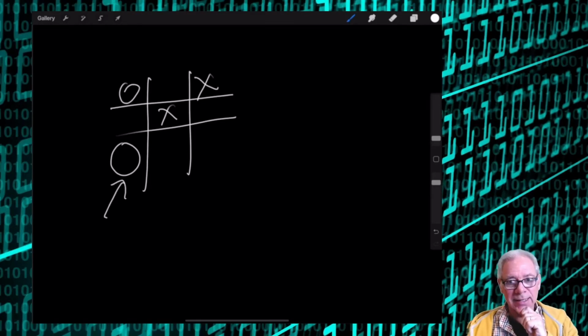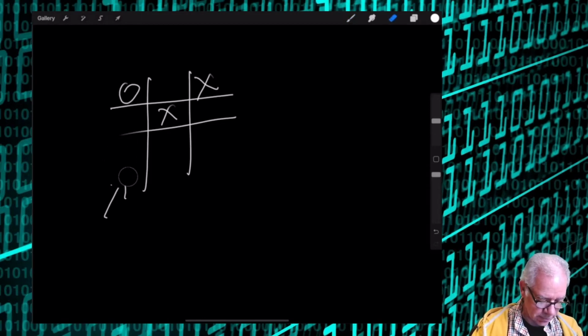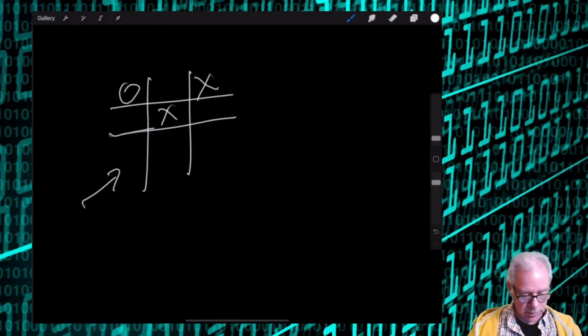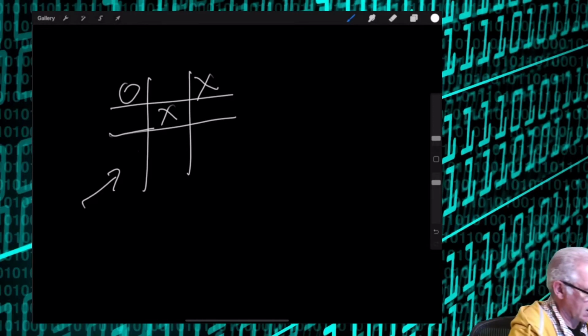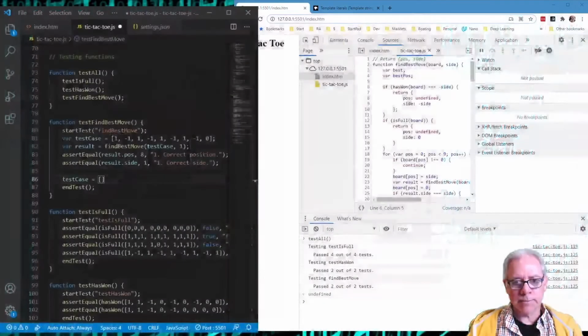Let me erase that one. This is not an O there, but this is where we expect X to try to go. So let's put that in as a test case.